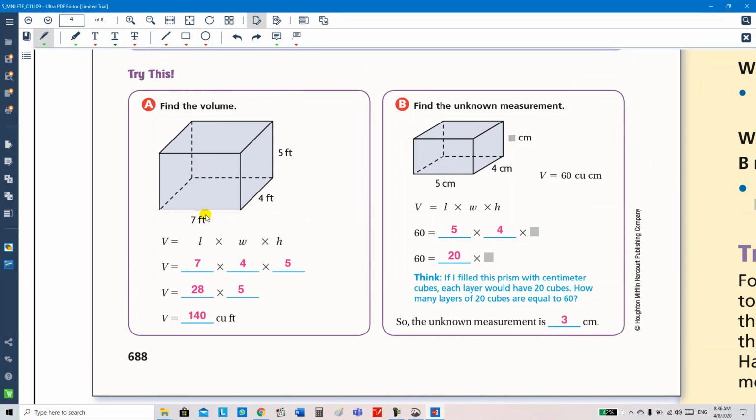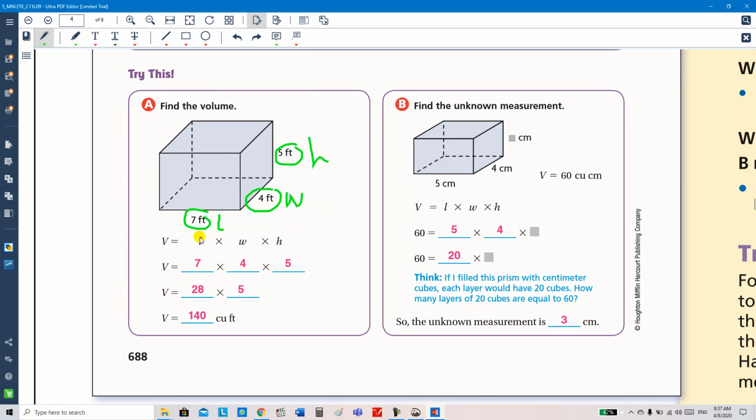Okay, here the same thing. We have here 7 feet as length, 4 feet width, and 5 feet as height. So apply the rule. Volume equal length times width times height. So this is our formula.